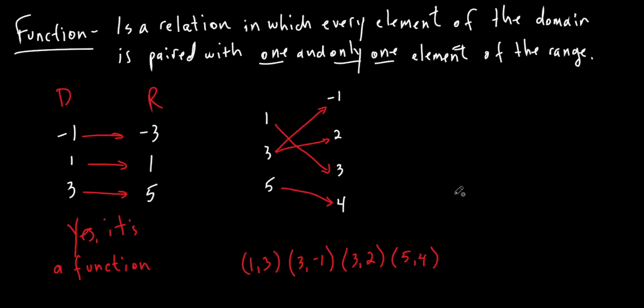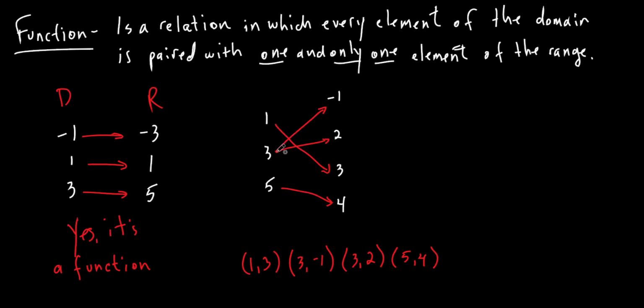So is this a function? Does every element of the domain go with one and only one element of the range? No. Which one makes this not a function? That 3. That 3 goes to a negative 1, and it goes to a 2. It's mapped to a negative 1 and a 2. That's not one and only one element of the range, is it? It's two different things.